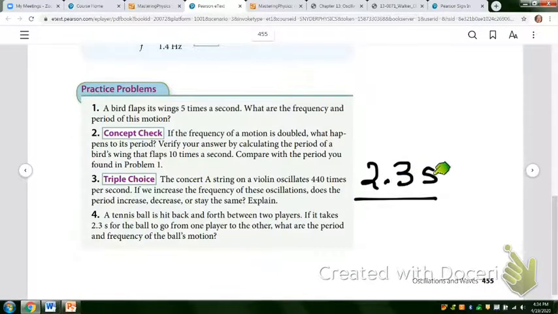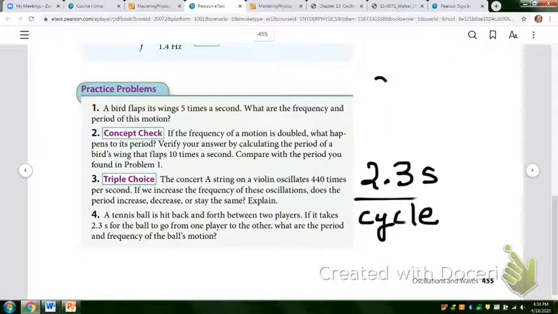So remember that whenever seconds is on top, that means we're talking about the period. Frequency is on bottom, period is on top. So the question was, what is the period? Well, the period is 2.3 seconds. They gave us that. Now, what's the frequency?